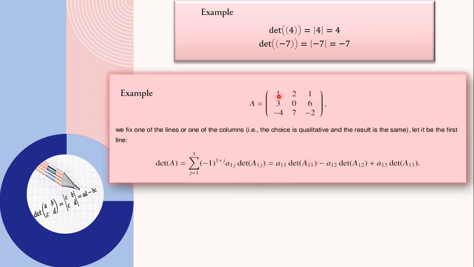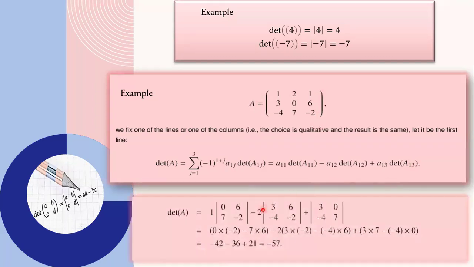A11, we remove the first row and the first column. The rest is the extracted matrix. A12, we remove the first row and the second column. The rest is the extracted matrix. A13, we remove the first row and the third column. We obtain determinants of matrices of degree 2.